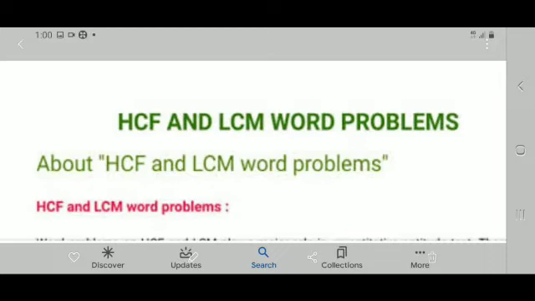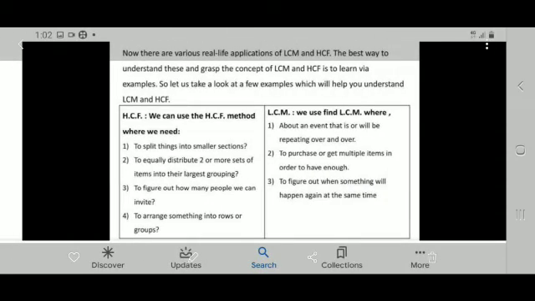Okay, if I am telling like that, sometimes you cannot catch it. But surely you will meet such situations in your real life. Okay, some examples I can show you. Can you read where to use HCF and where to use LCM? Is it in your textbook? So many exercise questions and examples are there.